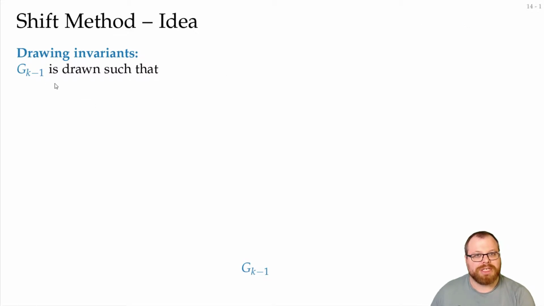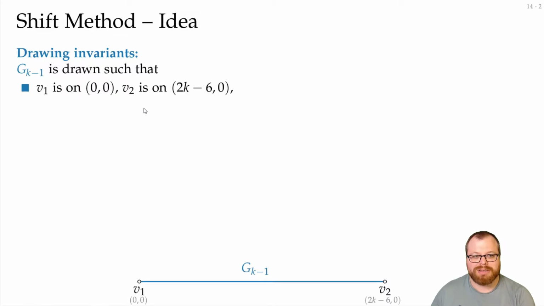Namely, we want to make sure at every step that our graph G_{k-1} is drawn such that v1 lies exactly at the origin and v2 lies exactly at x coordinate 2k-6 and y coordinate 0. So it's drawn as a horizontal segment here.